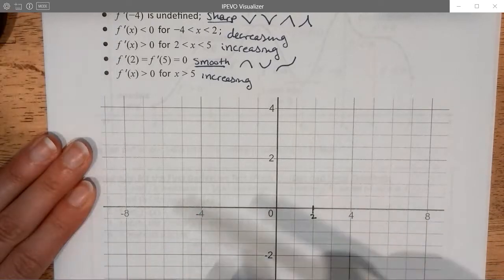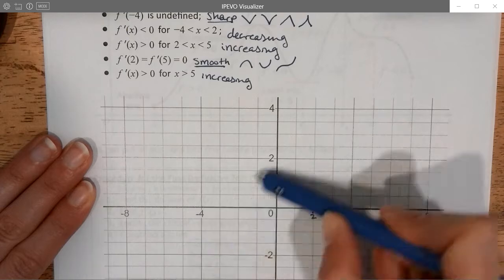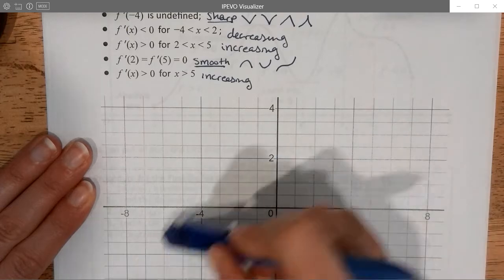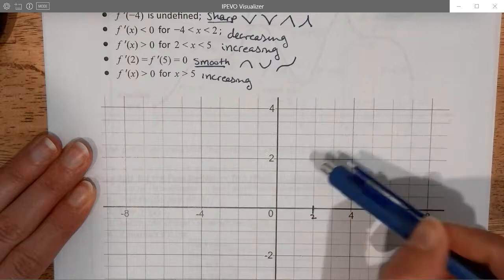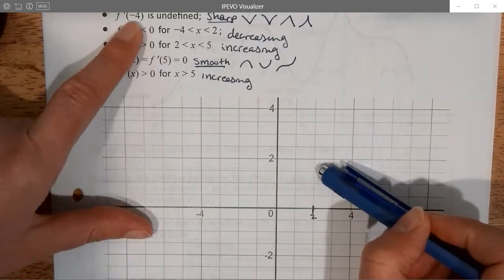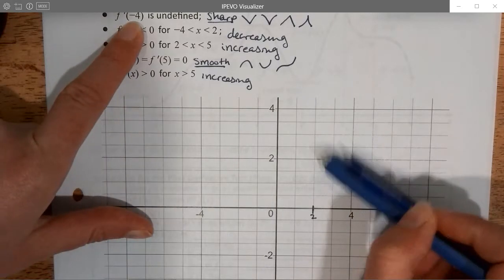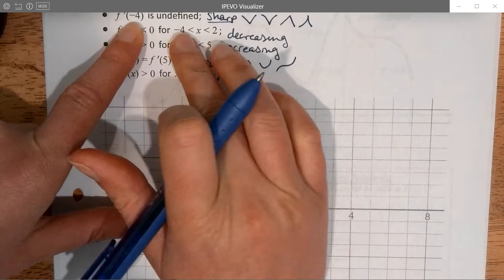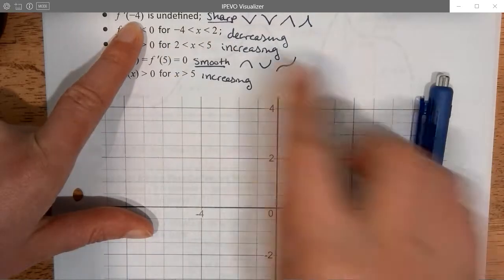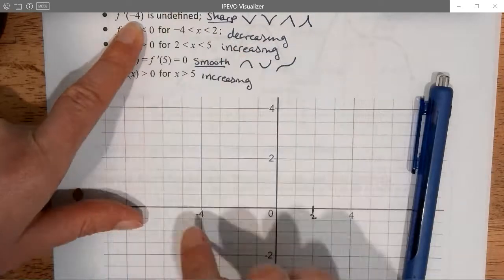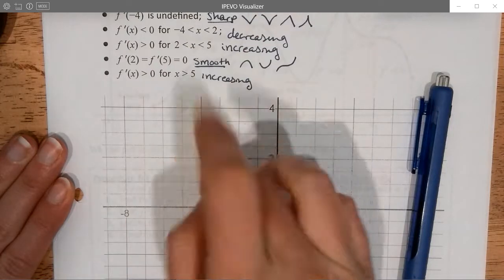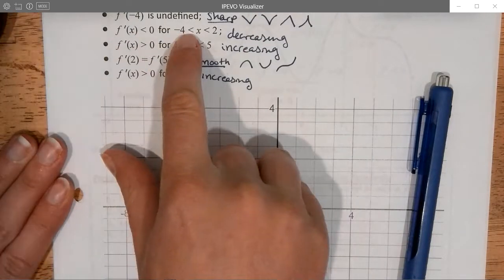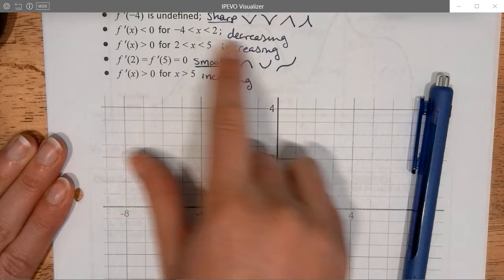I'm just tracing with my finger for a second. There's many ways to increase and then decrease, but at negative 4, sorry, I'm actually looking at negative 4. Let me rephrase this. I need to be increasing before negative 4, and then at negative 4 is where I turn around and begin decreasing.